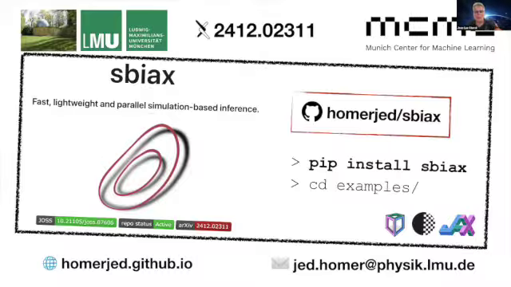My question would be, at the end, would you recommend to use a standard likelihood or SBI for a given large-scale structure survey? I mean, it depends. I don't necessarily offer a solution here. I think it depends on if you have a theory covariance or not.